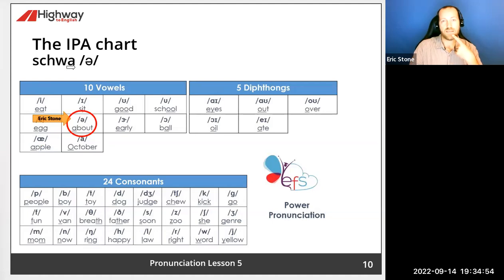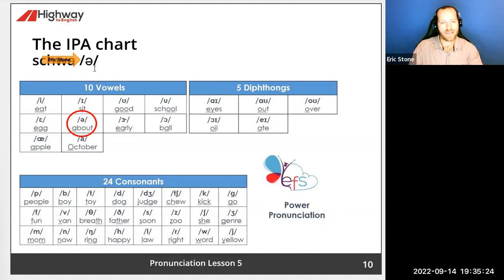The sound is, everyone try that. It's a very kind of relaxed sound. Okay, that's the sound you see here. It looks like the letter E, but it's like upside down. Okay. This sound has like a nickname. We call it schwa. So schwa is the sound of uh.